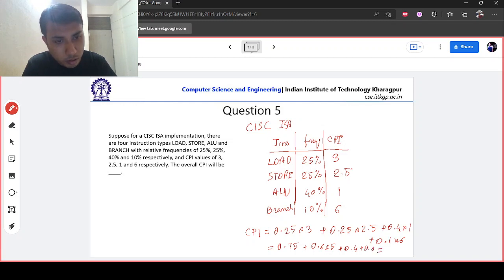So it will come down to 2.375. So overall CPI will be 2.375.